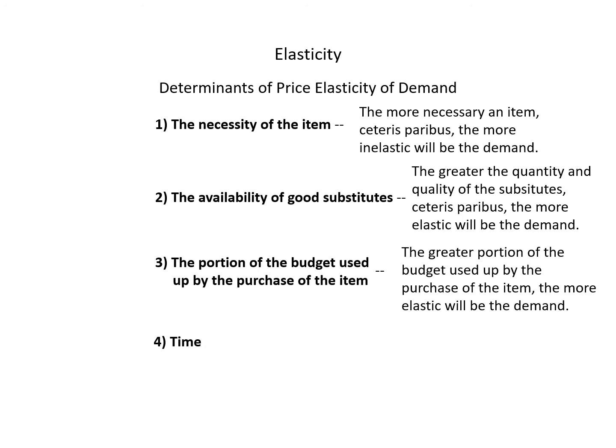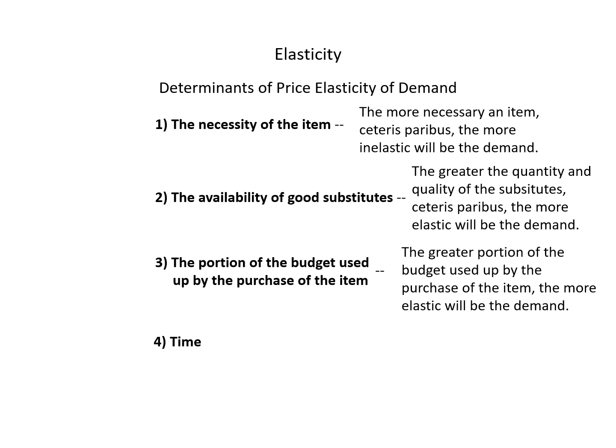The fourth and final determinant of price elasticity of demand is time. Implicit in every demand relationship is a time frame in which the consumer responds to price changes. The elasticity of demand for widgets at the campus bookstore over a period of 1 week will be different from the elasticity of demand for widgets at the campus bookstore over a period of 1 year.